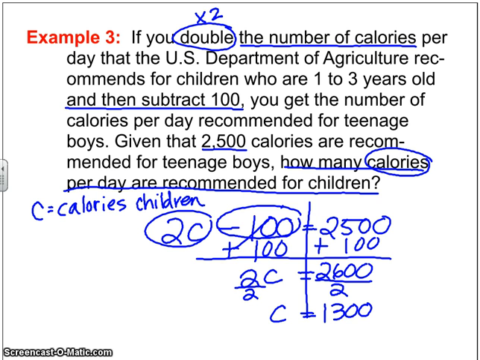What does C stand for again? 1,300 calories. So, children ages 1 to 3 are recommended to eat 1,300 calories per day. I don't know if that's true, but we did a math problem on it.